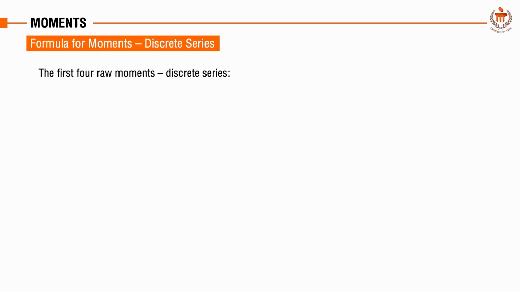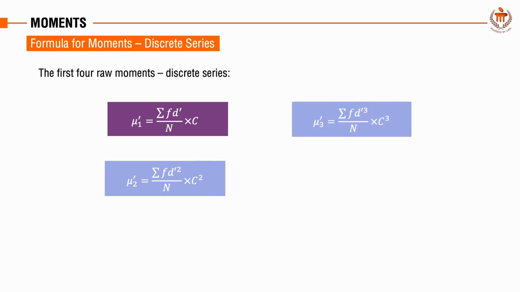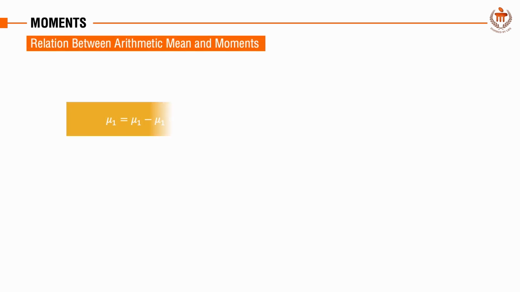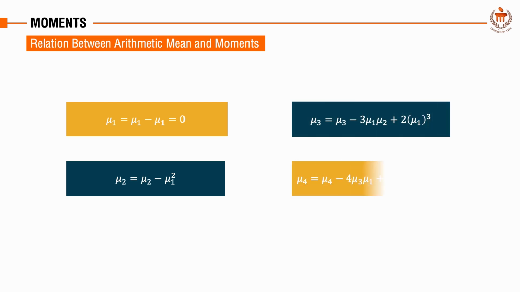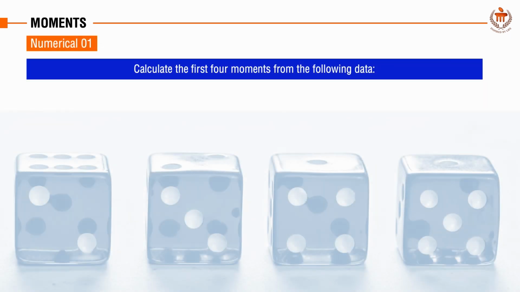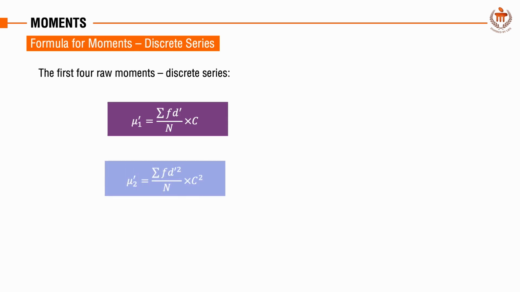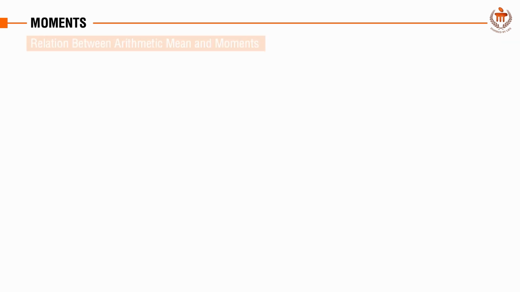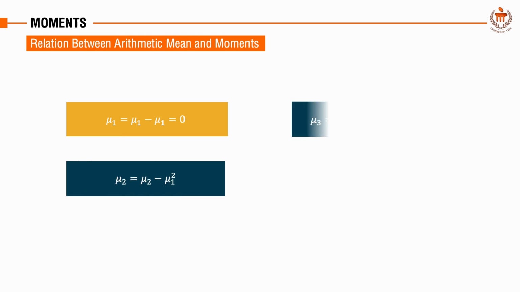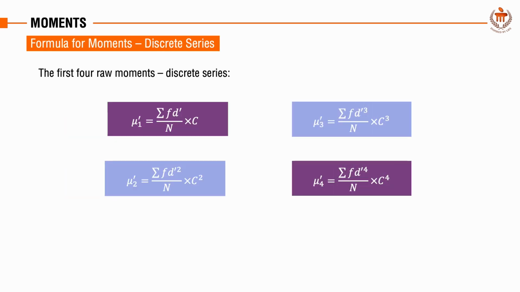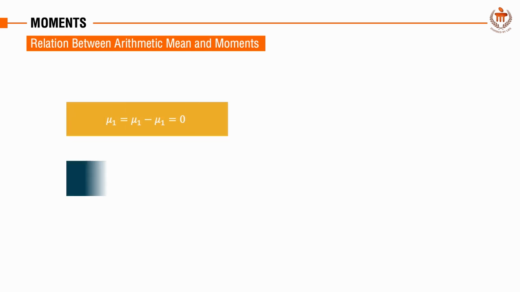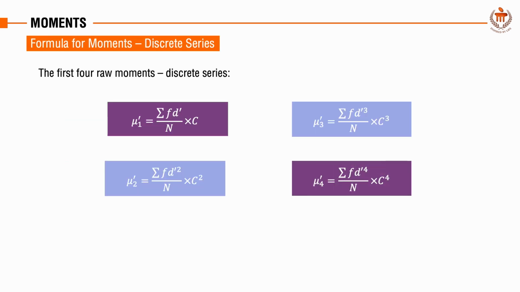Now, for a discrete series, the first four raw moments are: mu1 dash is summation of f d dash by n into c, while mu2 dash is summation of f d dash square by n into c square, while mu3 dash is summation of f d dash cube by n into c cube, while mu4 dash is summation of f into d dash to the power 4 by n into c to the power 4, where d dash is the step deviation of the values.